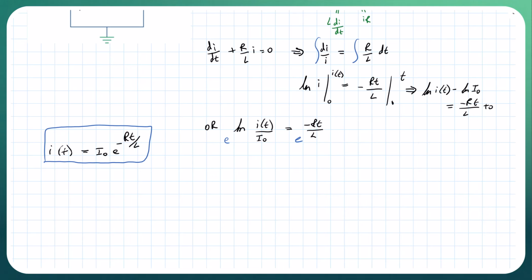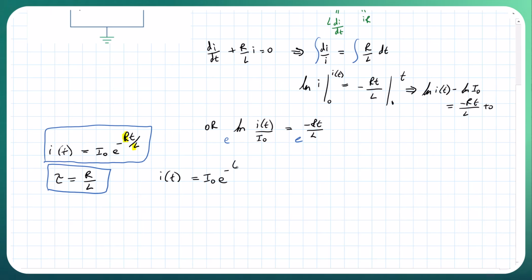We see that the time constant is going to be R over L, so tau is going to equal R over L. Then we substitute that back into this equation up here, and we can redefine i of t as I naught e to the minus t over tau, and that's how we find the current through that inductor.